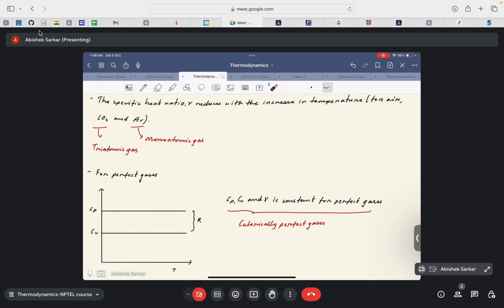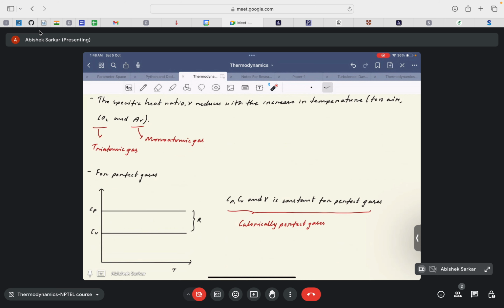Sorry, I initially announced U as entropy. It's not entropy, it's actually internal energy and enthalpy. So if you plot internal energy and enthalpy versus temperature for ideal gases or semi-perfect gases, where Cp and Cv both are functions of temperature, the plots will give us curved lines.